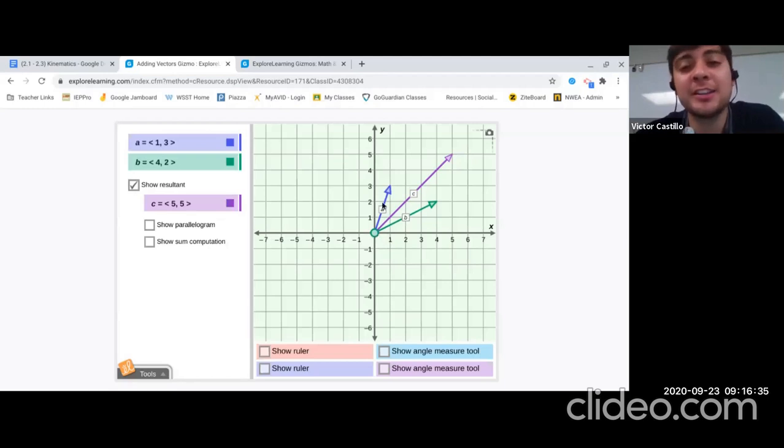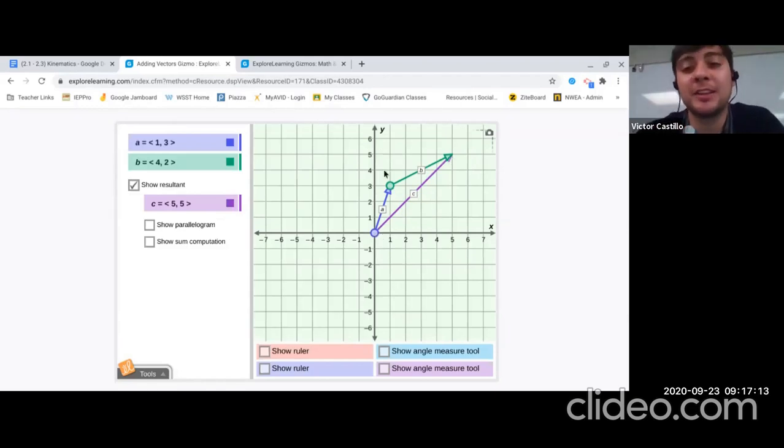Let's drag A to the tip of B. It should look like this, or it can also look like this, whichever way you want, as long as A and B go tip to tail, and then the resultant vector C goes from the tail end of the first to the tip end of the last. That way it looks prettier.